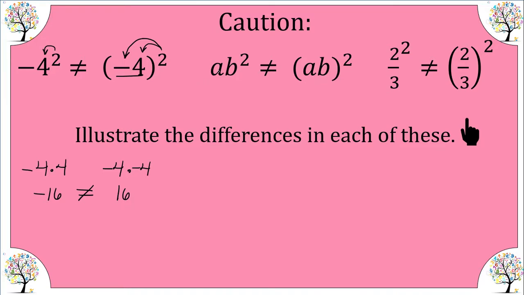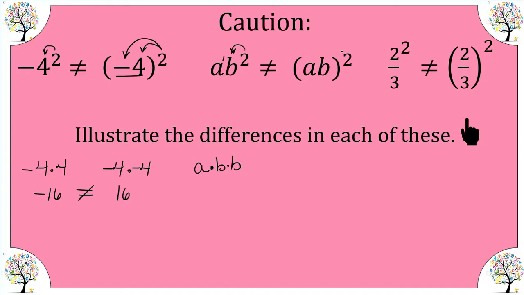Our second example, we have some variables. We have a times b squared compared to ab squared. On the left side, the a has an exponent of 1 and the b has the exponent of 2. The 2 is only attached to the b and not the factor a. So we have a times b times b.